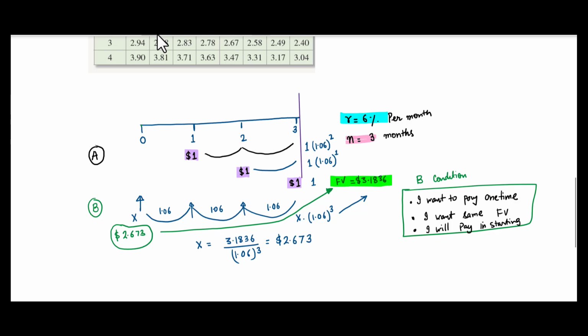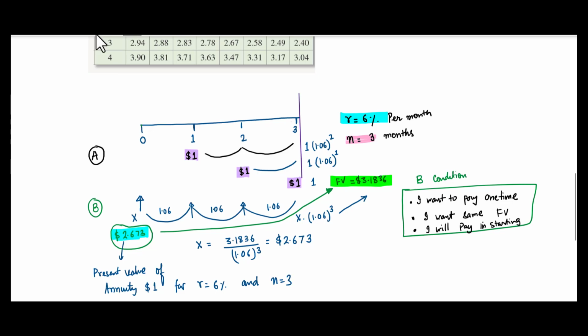This 2.673 is called the present value of an annuity of $1 for R equal to 6% and N equal to 3.